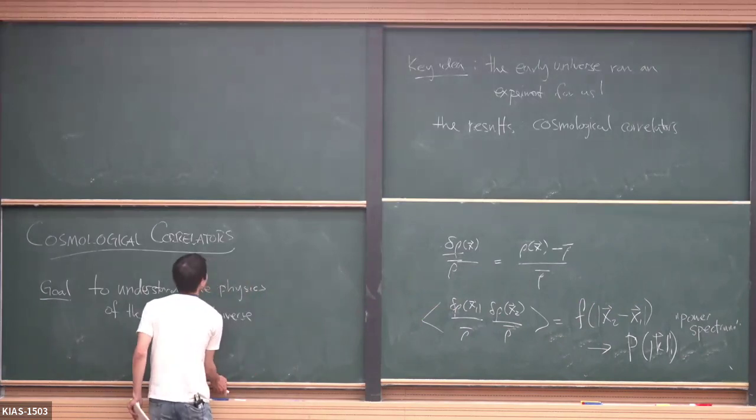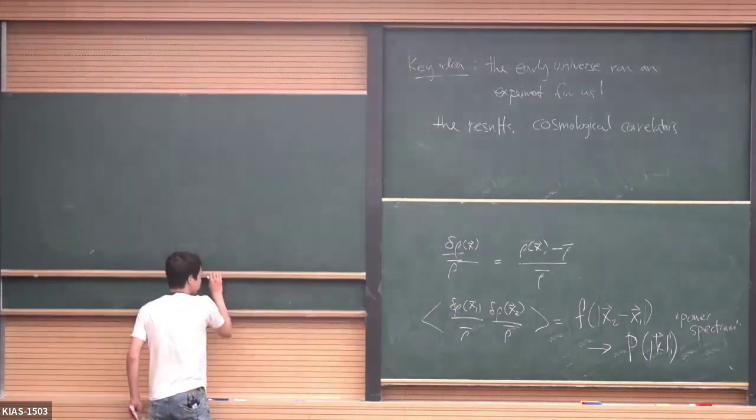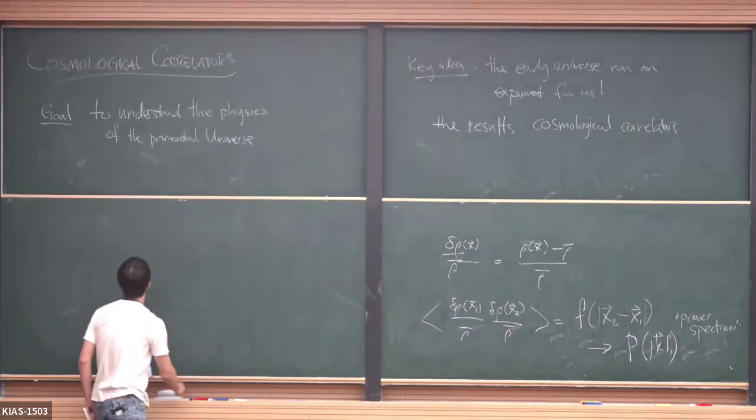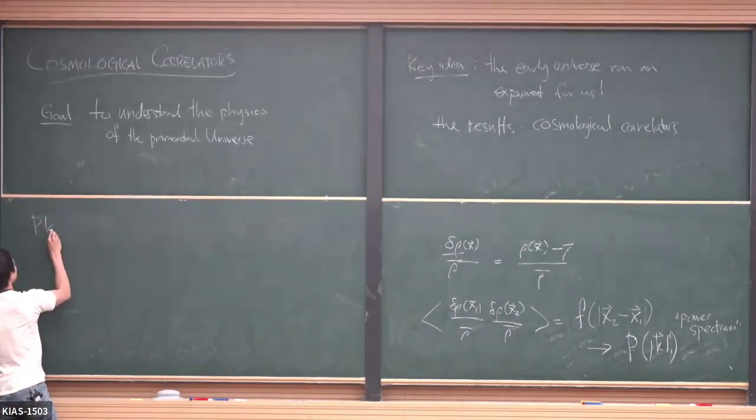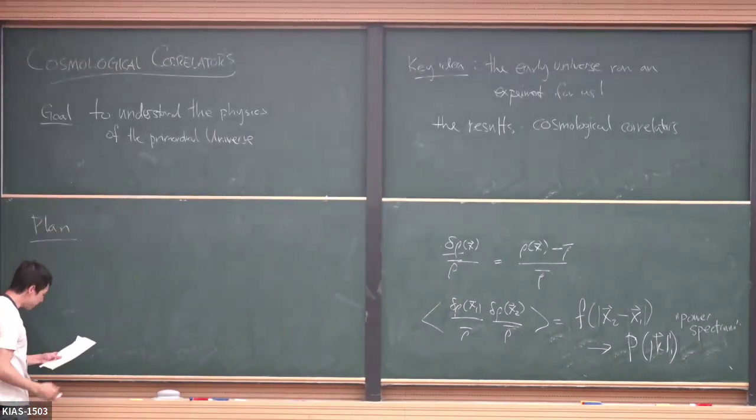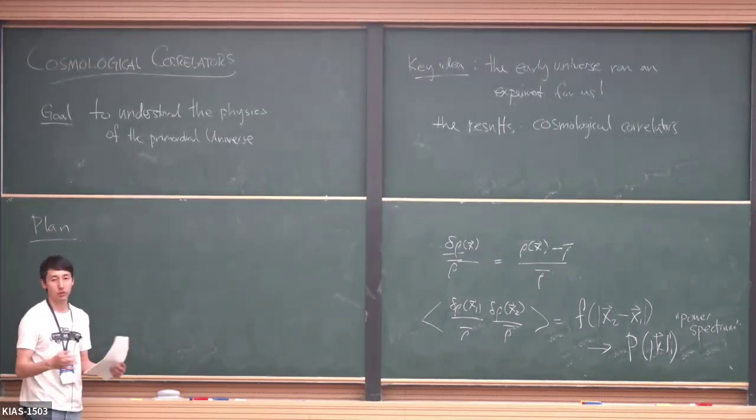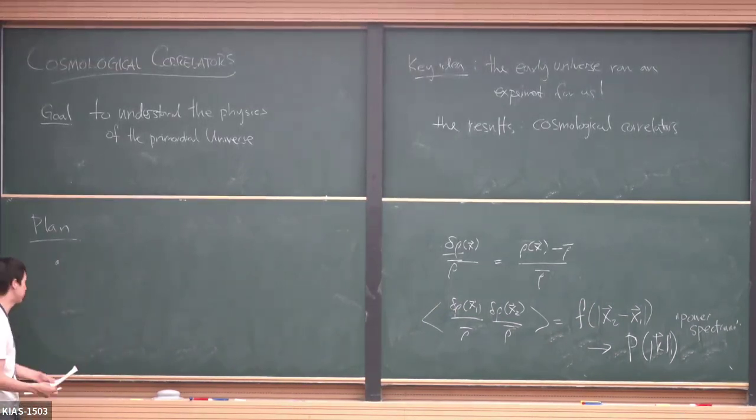So the outline of the lecture is the following. Here's the plan. I assume that most of the people in the audience are not working in cosmology, so I'll try to be pedagogical in building this up.